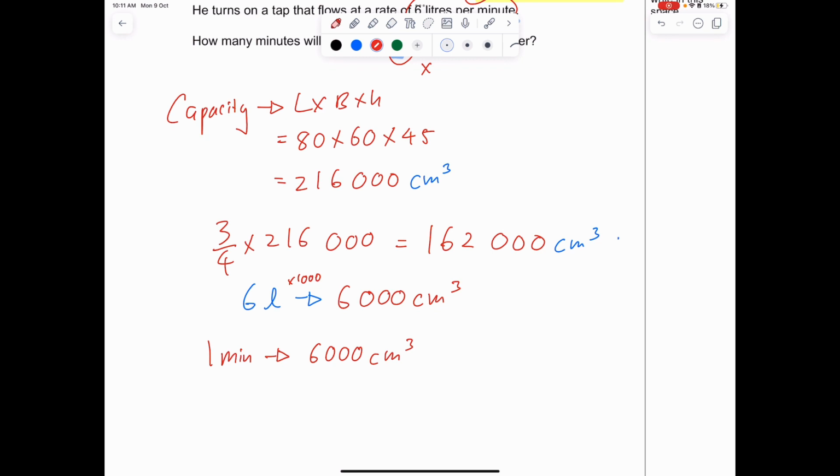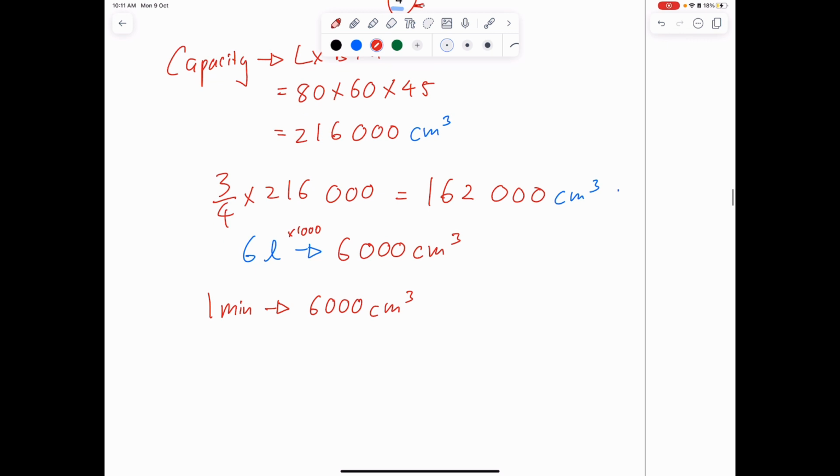So therefore you want to find out 1 cm cube takes how long to fill. So 1 cm cube would be 1 divided by 6000. And so therefore your answer is 1 over 6000.